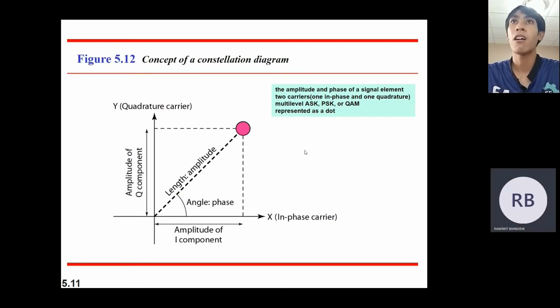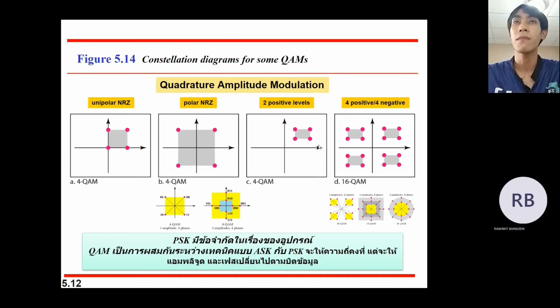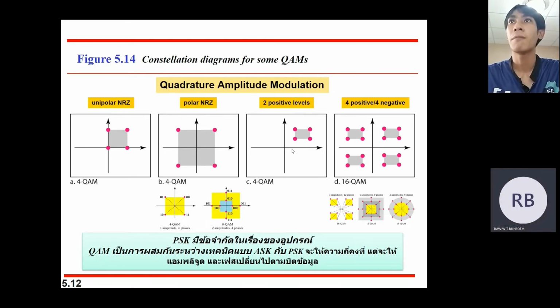Concept of a constellation diagram. The amplitude and phase of a signal element, relative to the carrier, one in phase and one quadrature, for multi-level ASK, PSK, or QAM, are represented as a dot. The next, constellation diagram for some QAMs.